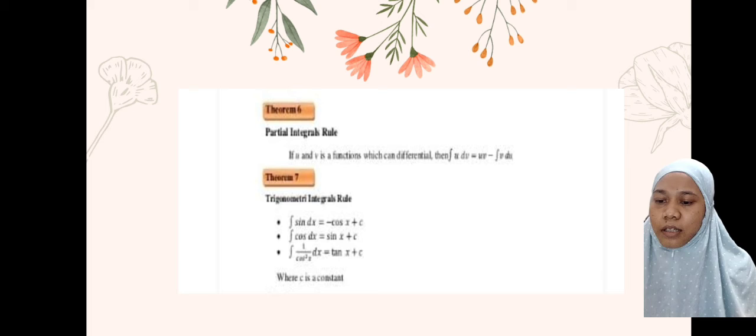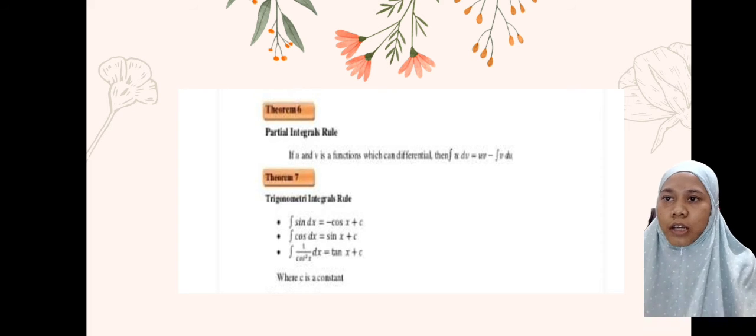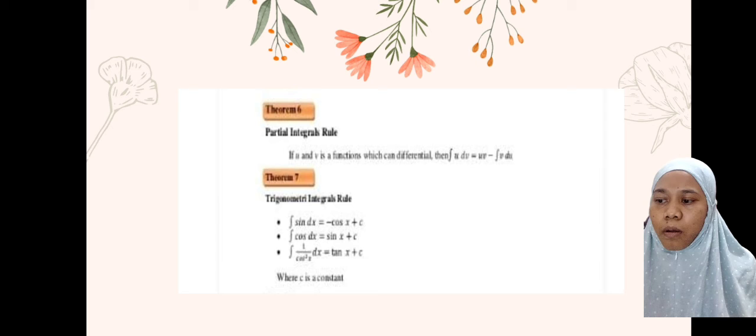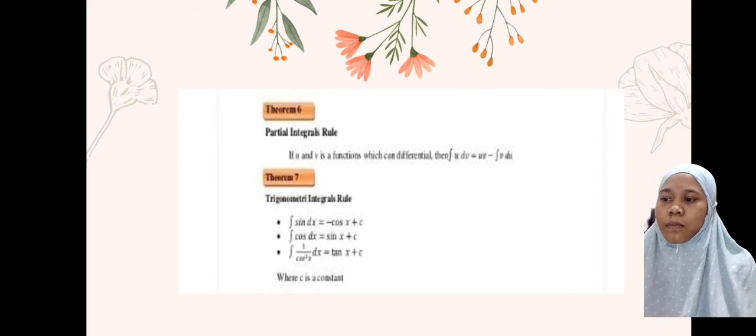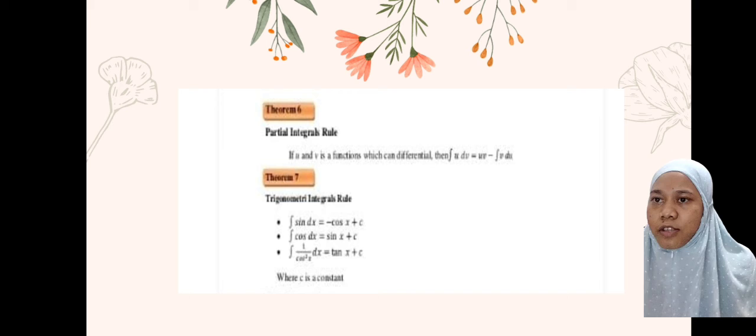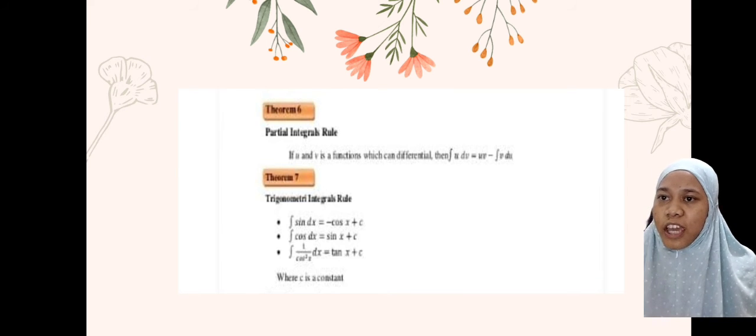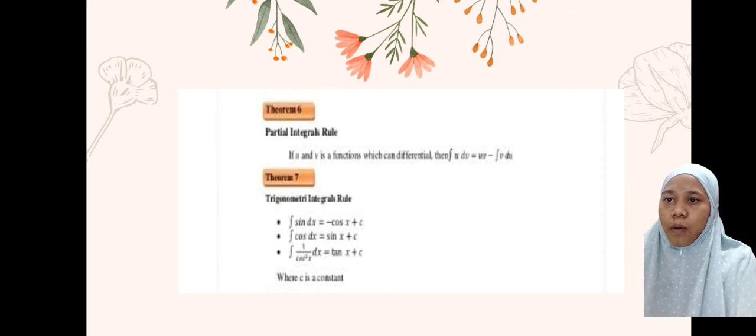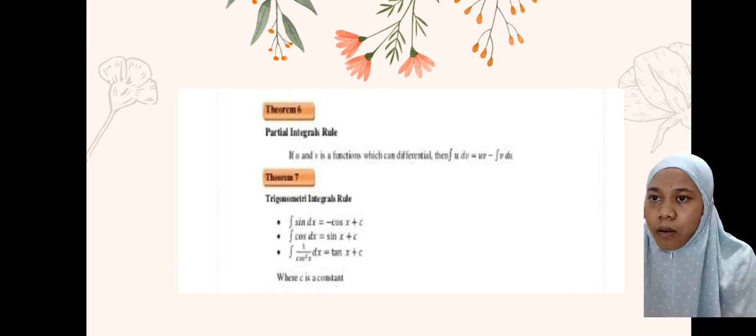The integral antiderivative operation of 1 over cosine x to the power of 2 dx equals tan x plus c, where c is a constant.